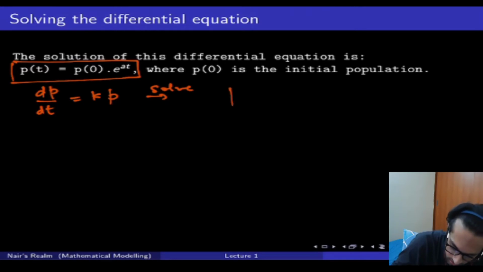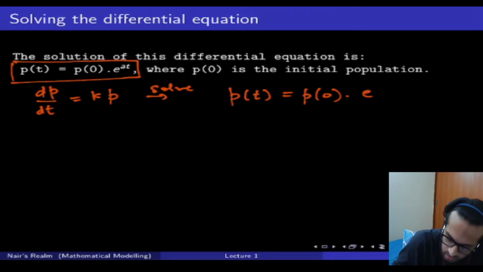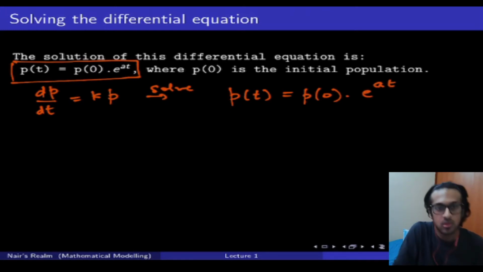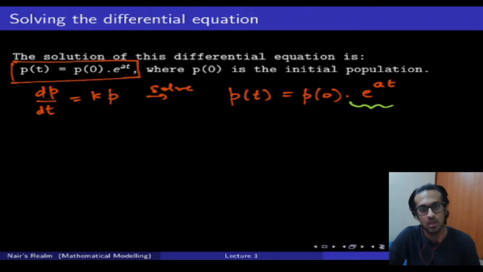I'm just going to write it down here: P of t is equal to P of 0 times e to the power k t. If you notice, in the solution we have an exponential term. That's one thing to notice.